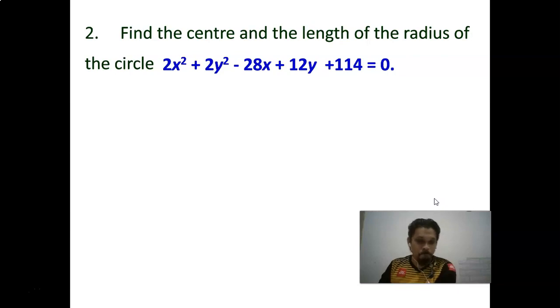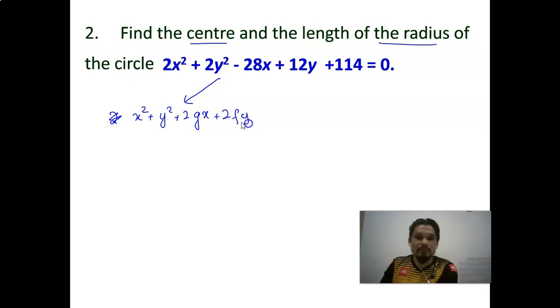You can find it yourself, because it's not mentioned any method, so you may compare the center and the length of the radius using x squared plus y squared plus 2gx plus 2fy plus c equal to 0.